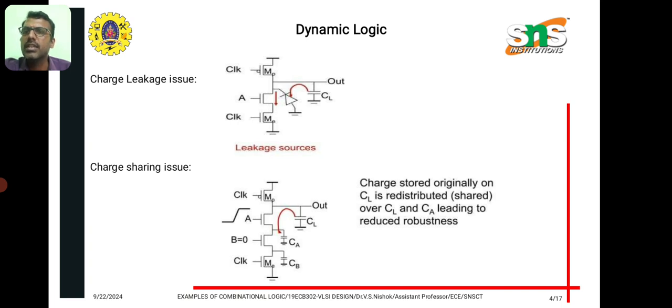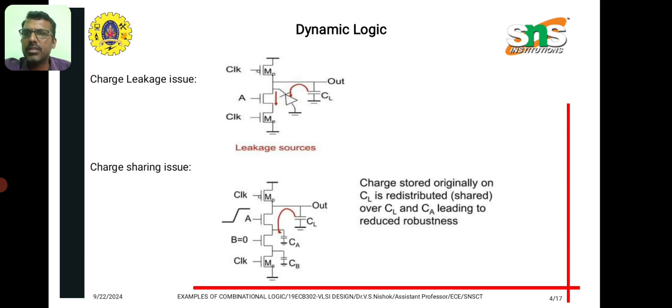In the evaluation mode, when clock equal to 1, the voltage across the output path starts to flow towards A, and since B is equal to 0, due to the parasitic capacitance across the transistor inside the pull down network, the charge sharing takes place.